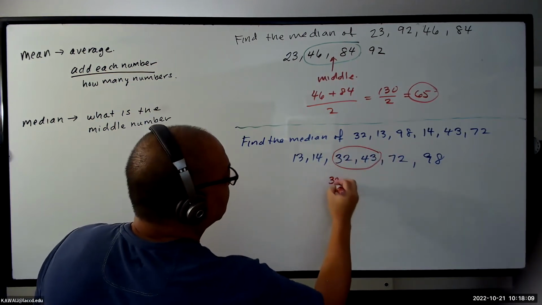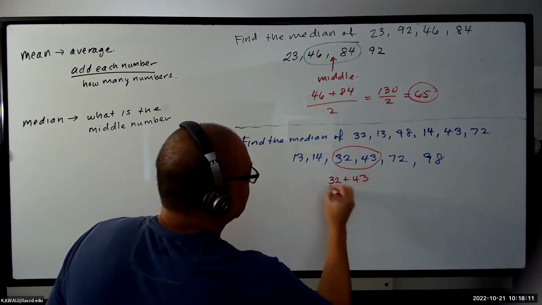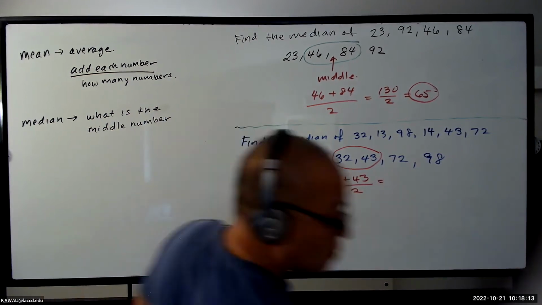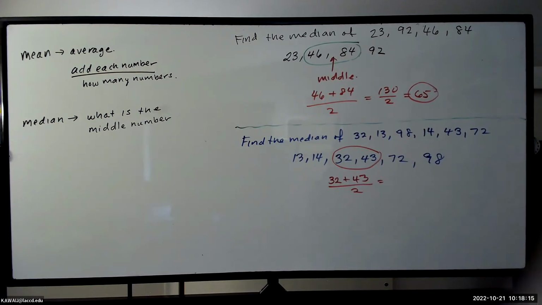So this will be 32 plus 43 divided by 2. So that gives me 37.5.